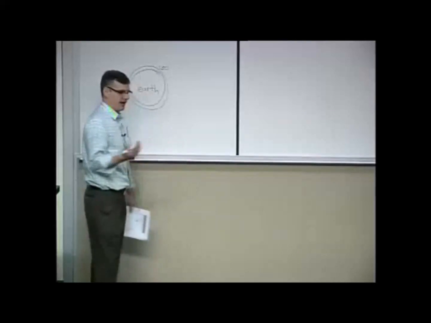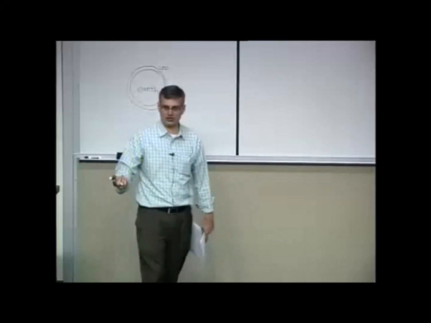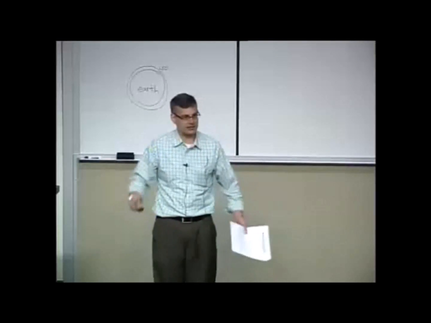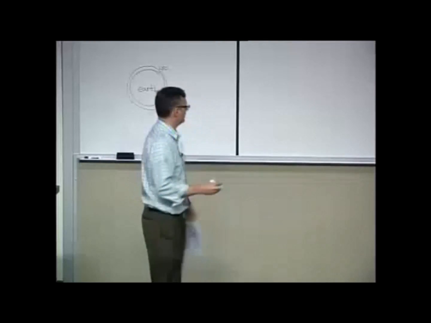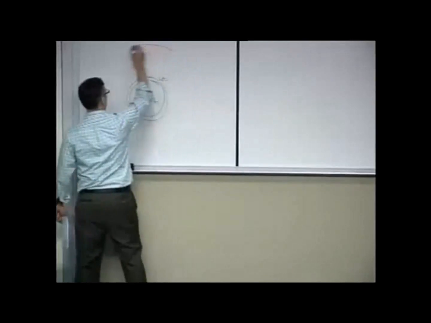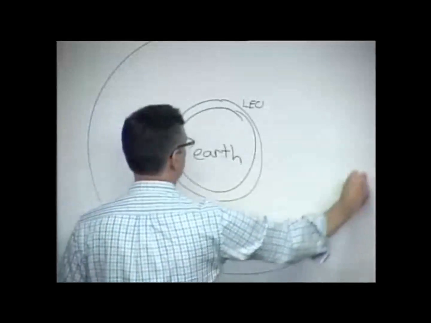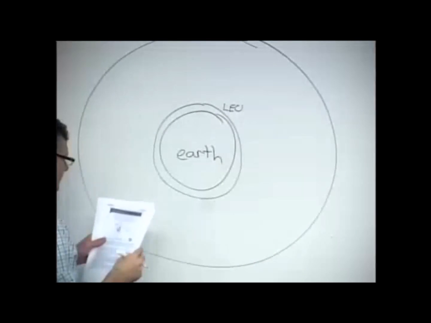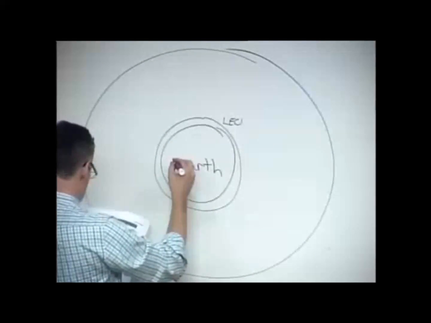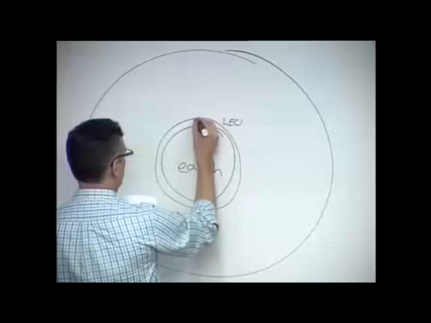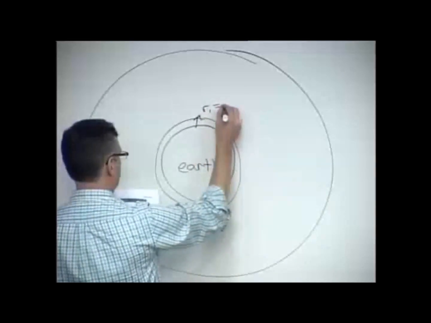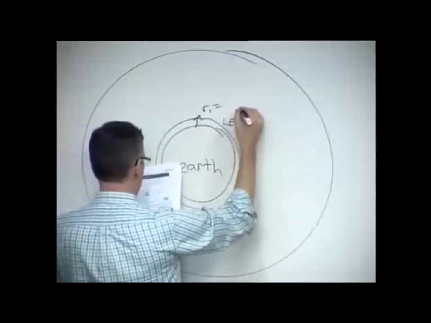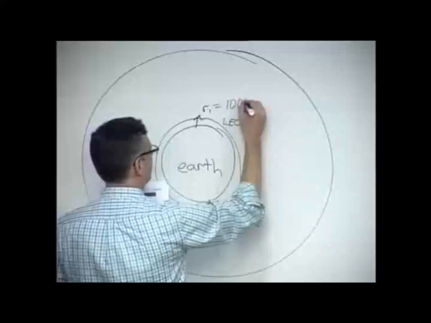And then, if your final destination is one of these higher orbits, at some point you've got to engage another rocket stage and propel your spacecraft to a higher Earth orbit. So, this problem: we are going to start off at R1, a circular low Earth orbit of 1,000 kilometers.